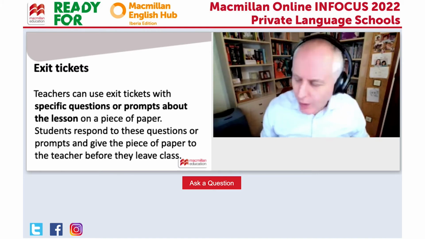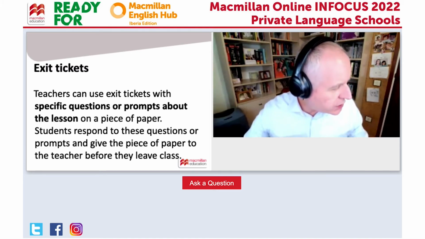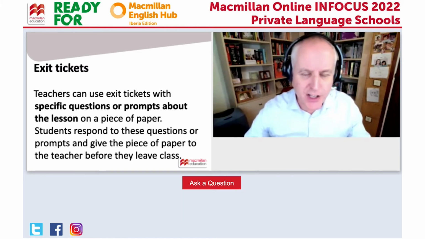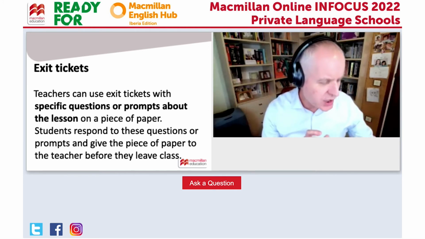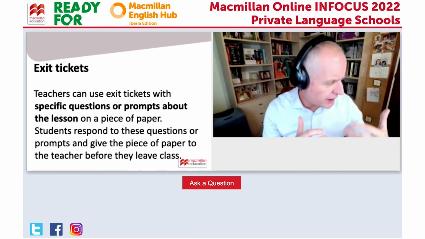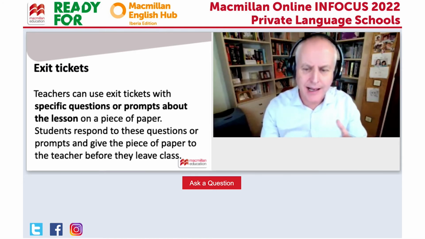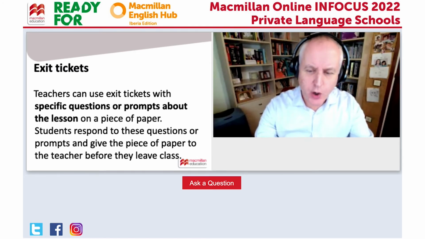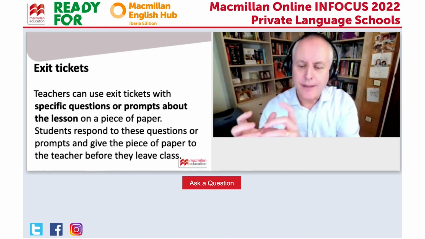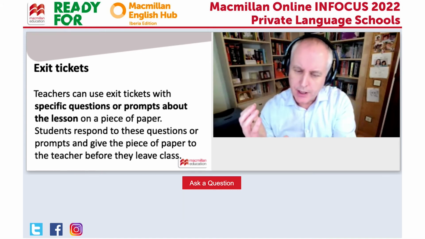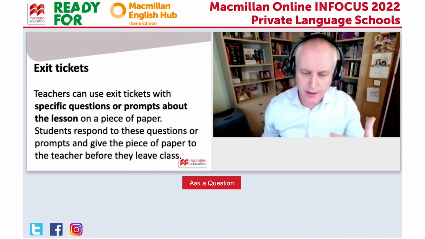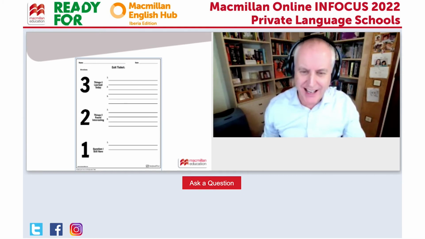Another way, which many of you will already have heard of, is exit tickets, which are having incredible success in the language classroom and in the Spanish language classroom as well, where they are called billetes de salida. So these are specific questions or prompts about the lesson on a piece of paper, and the students have to respond to these questions and give the paper to the teacher before they can leave the classroom.